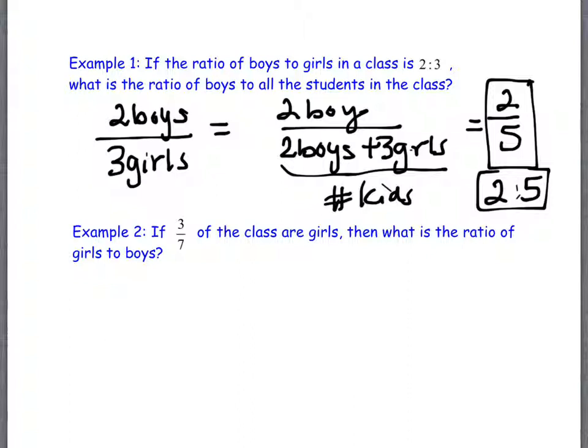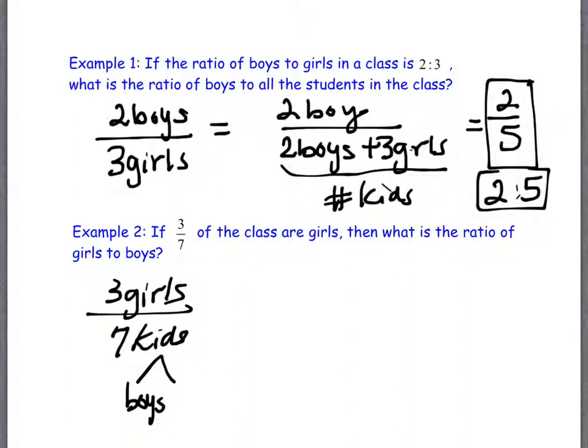If 3 out of 7 of the class are girls, then what is the ratio of girls to boys? Okay, so we can set up the same kind of a ratio description. We can talk about 3 girls to 7 kids. But kids are created of what kinds of kids in this description? Boys and girls, right? Well, we knew that 3 girls are the 3 girls down here, so how many are the boys? There's 4 boys.